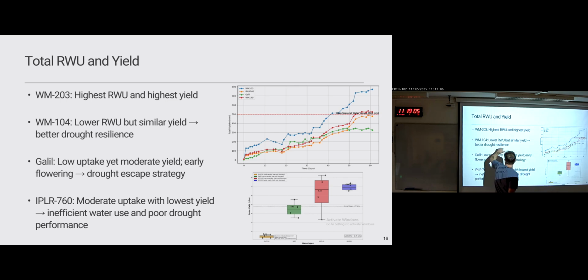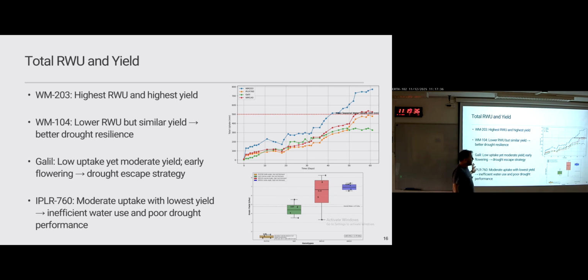But if we compare it to the 140 with only 500 millimeter of uptake, we can see that the difference, at least the average difference, is not that big. So if we think about drought resilience, then definitely this genotype can cope better with the water stress, right? And conserve water, keep more water in the soil.